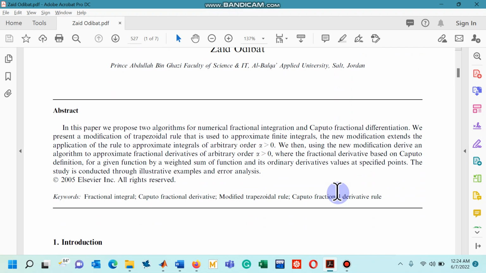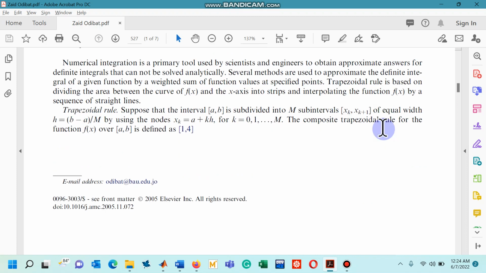In this lecture, our major objective is to know how a MATLAB code can be written for the numerical Caputo fractional differentiation. So let me show you the definition for the Caputo differential operator.